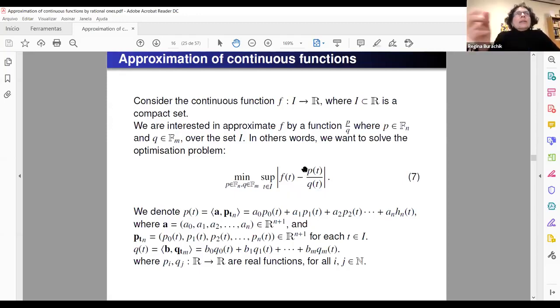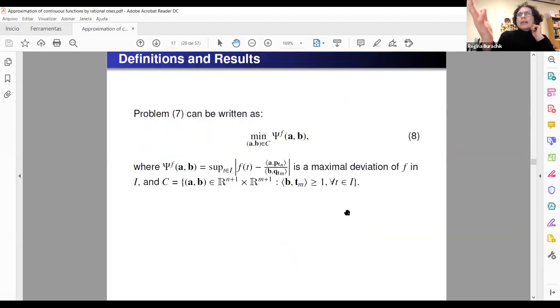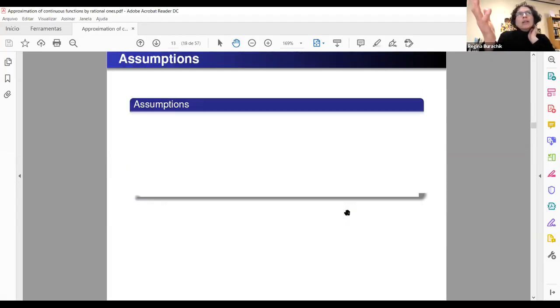But in approximation theory, f of t is a real number, and this is also a real number. It is not a vector here. Yes, but this is the infinity norm distance. So you are projecting f using the infinity norm onto, let's say, the subspace p over q.